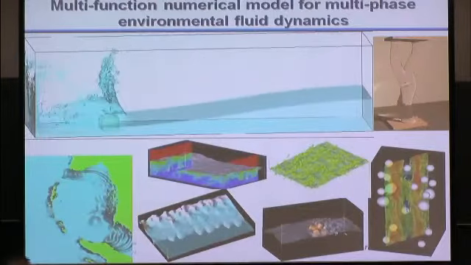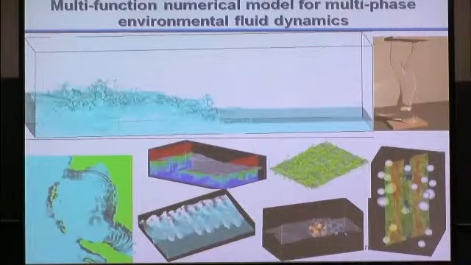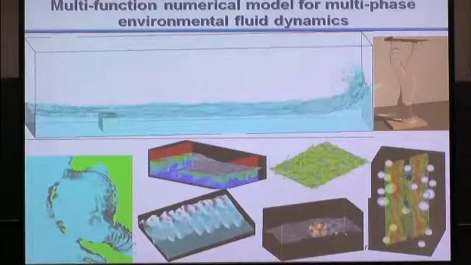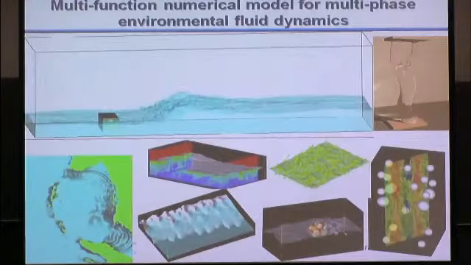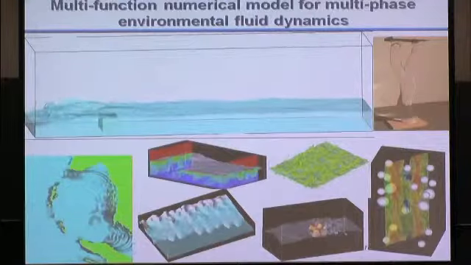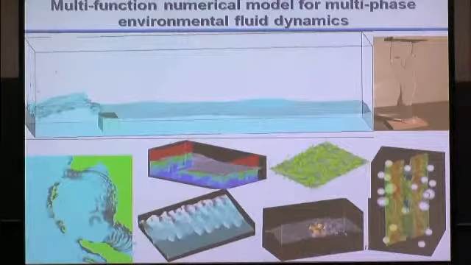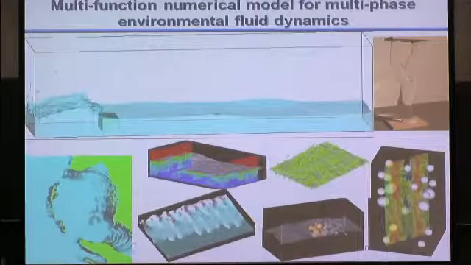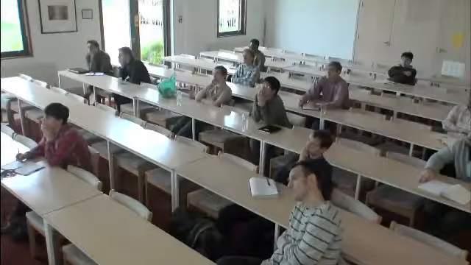I have two or three slides left. I just show you some of the results that we apply this kind of scheme, multi-moment finite volume scheme, to environment fluid dynamics and also the geophysical, atmospheric and oceanic applications.